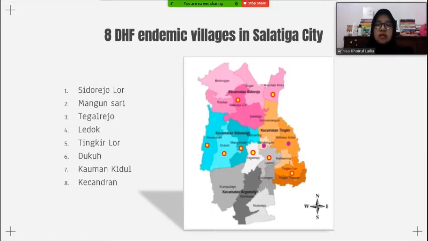This is the list of the villages that are endemic for DHF in Salatiga city. The first is Sidorejo Lor, followed by Mangunsari, Tegalrejo, Ledok, Tingkir Lor, Dukuh, Kauman Kidul, and Kecandran.